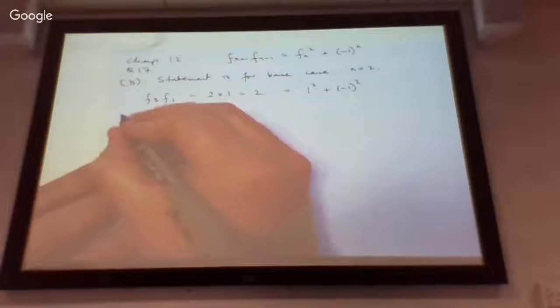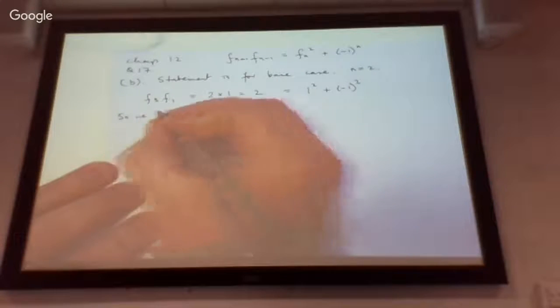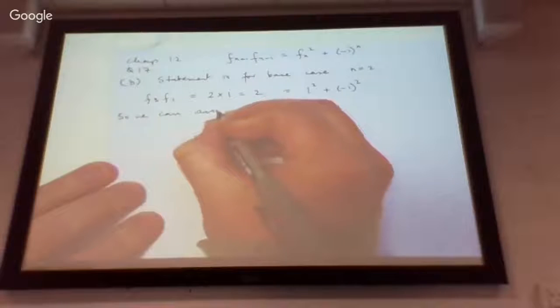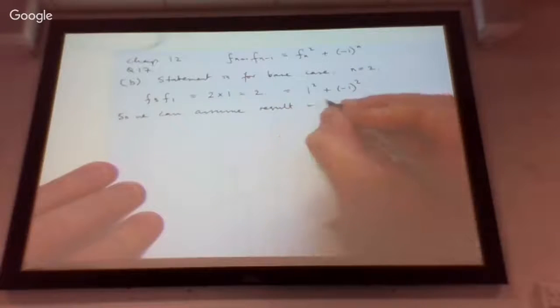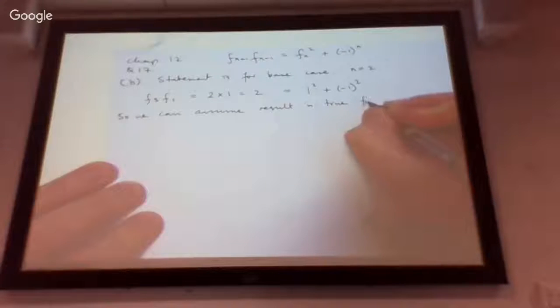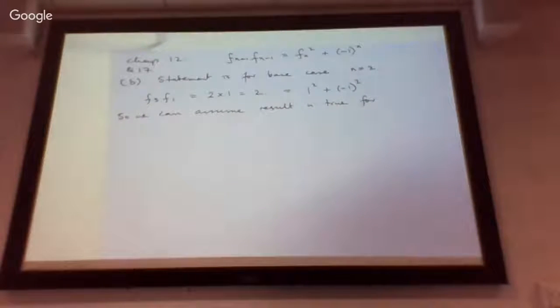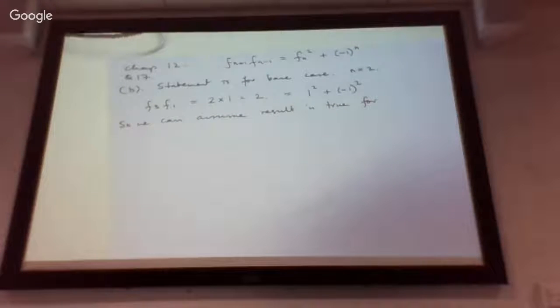So we can assume that the result is true. I don't think we need strong induction here, I think we can do it just as weak induction, just assuming the truth of the previous case.